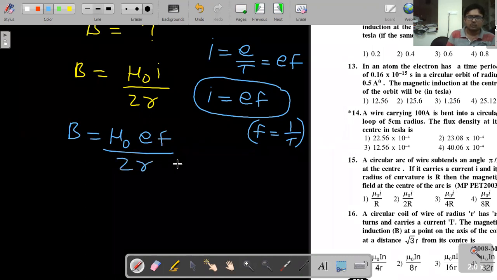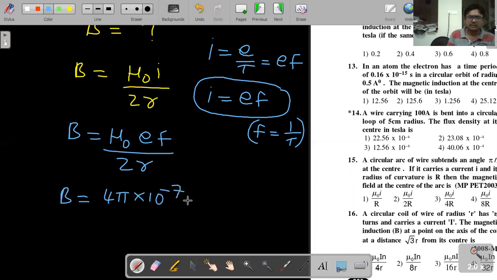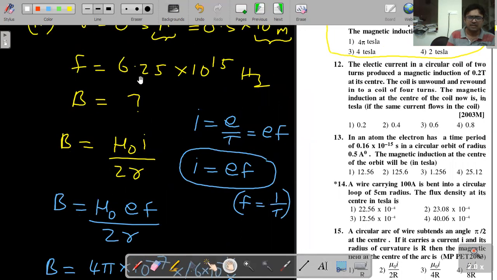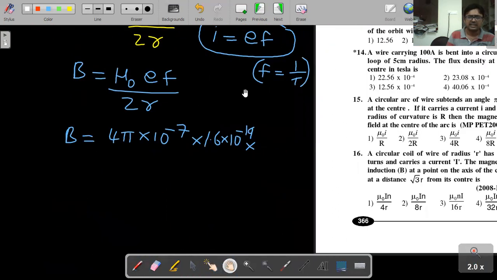They have given all the values here. We know that mu naught is 4 pi into 10 power minus 7. E value is 1.6 into 10 power minus 19. This is the electron charge value, and everybody in the class knows it. Now, the frequency they mentioned is 6.25 into 10 power 15.